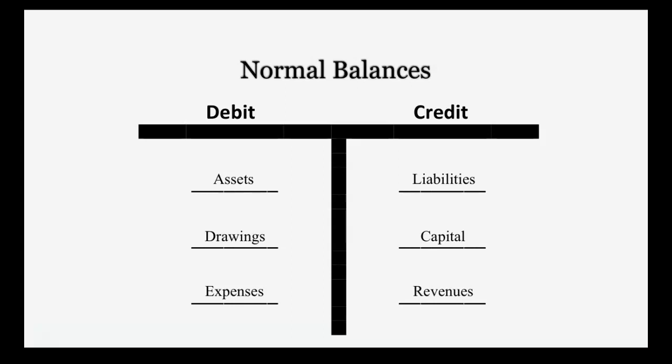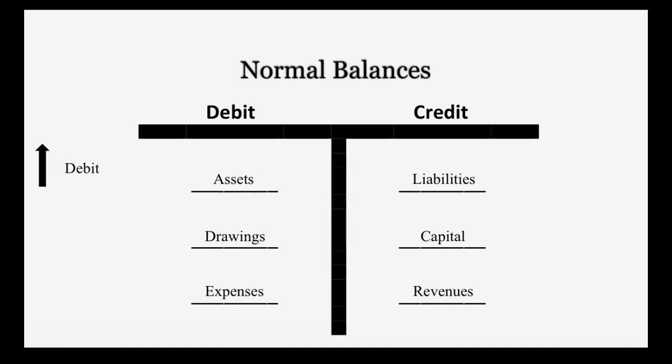So, memorizing which accounts have a normal debit balance and which accounts have a normal credit balance is going to be crucial for your success in accounting. And the reason behind that is because what these normal balances mean is how you increase and decrease an account in a journal entry.